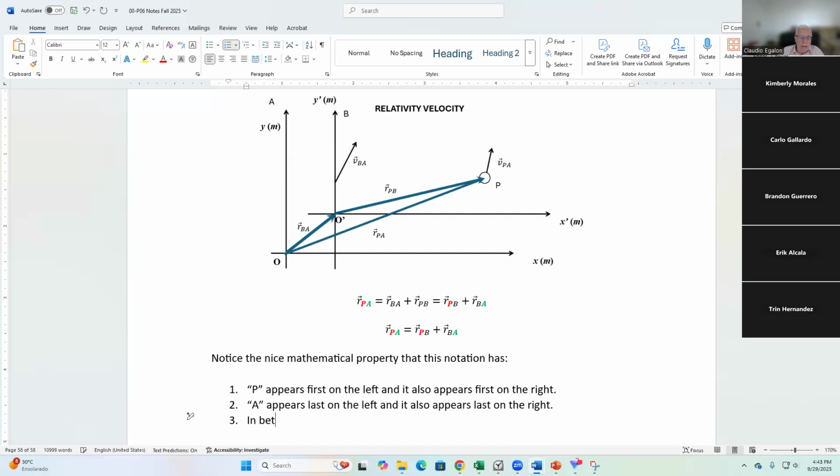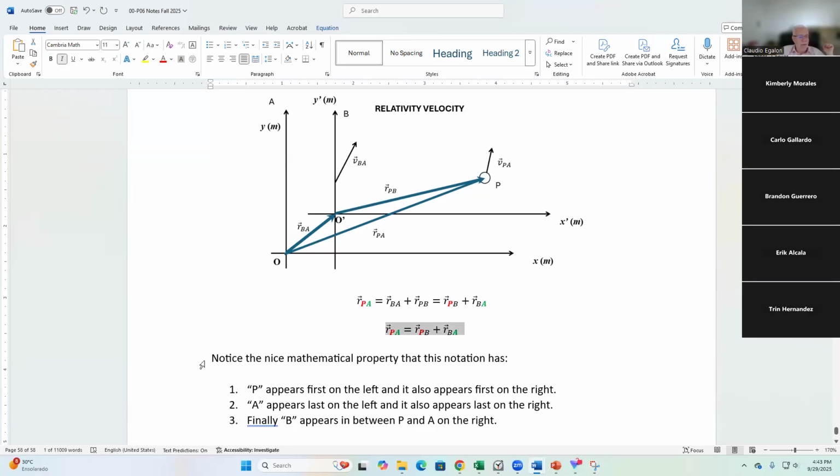In between, finally, B appears in between P and A on the right. Okay? So it's very easy to memorize just because of this nice mathematical property of this equation that you see here.